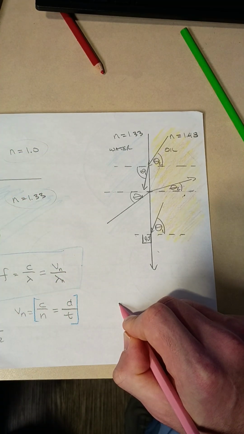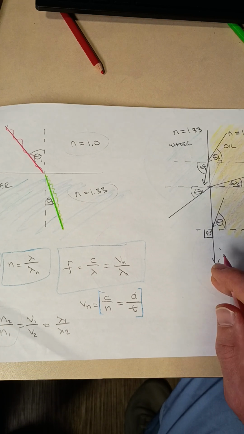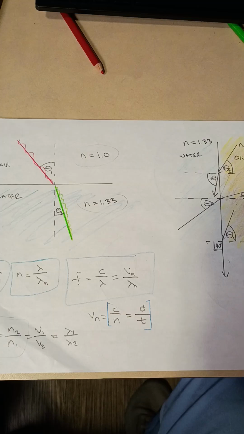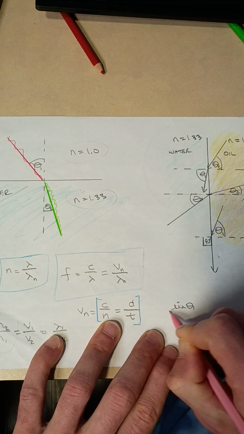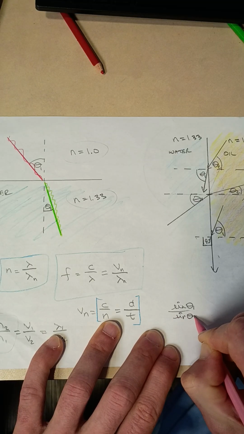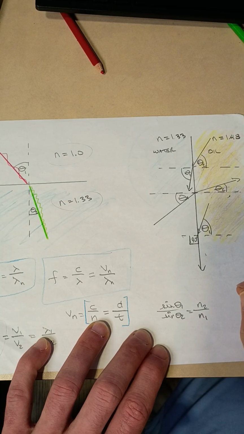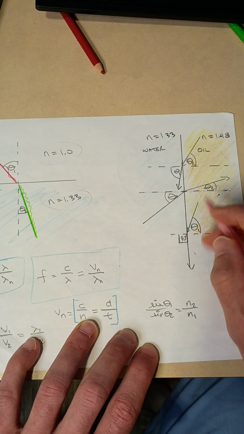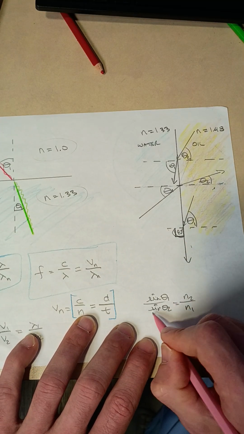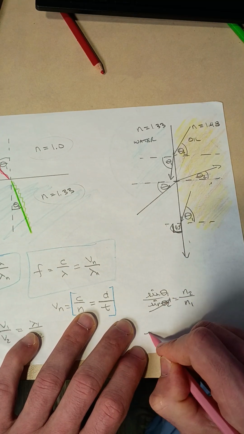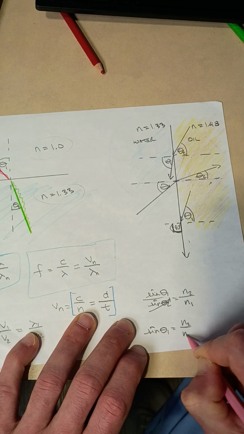So using our formula over here, sine of theta 1 over sine of theta 2 equals n2 over n1. Now sine of theta 2, this is theta 2 right here, right? 90 degrees. What's sine of 90 degrees? That's just 1. So this is sine of theta 1 equals n2 over n1.